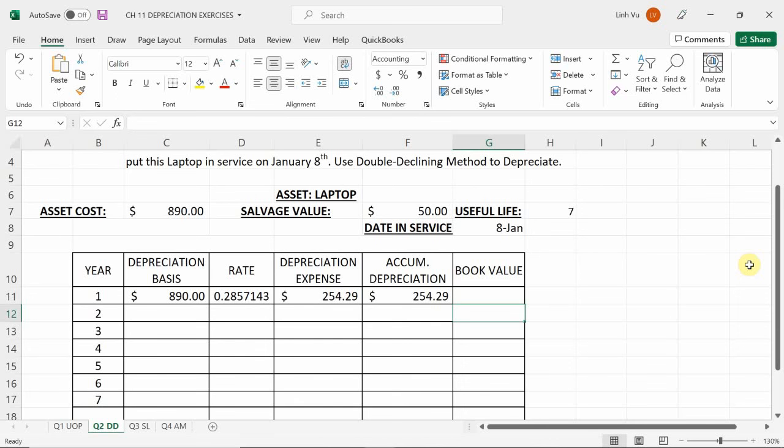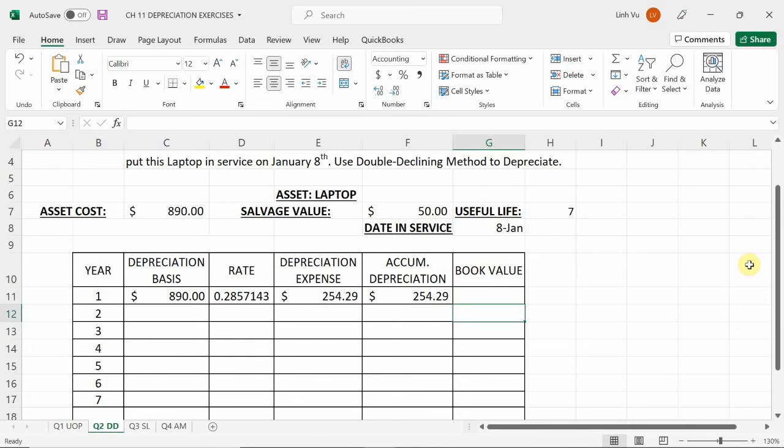In this one, we don't care about that. We care about the beginning of the year's book value, because that way, every time I depreciate it, I'm basically cutting the value in half, or in this case 28%, because it's over the span of 7 years. So this particular depreciation does not use the same formula.